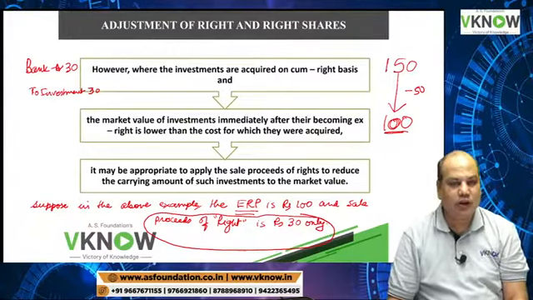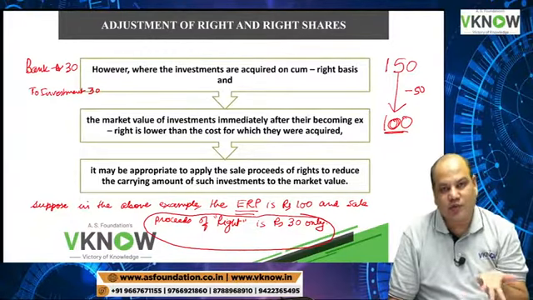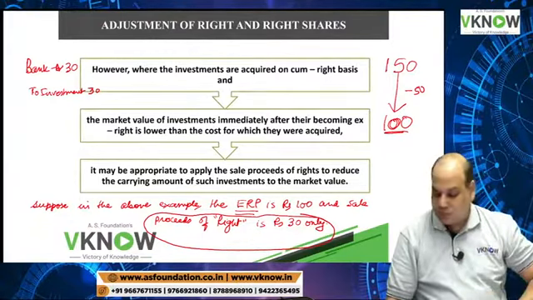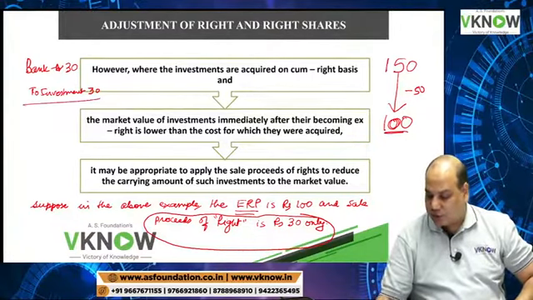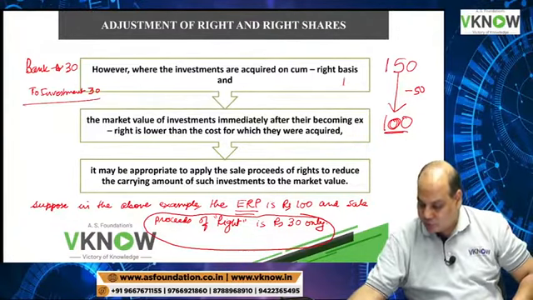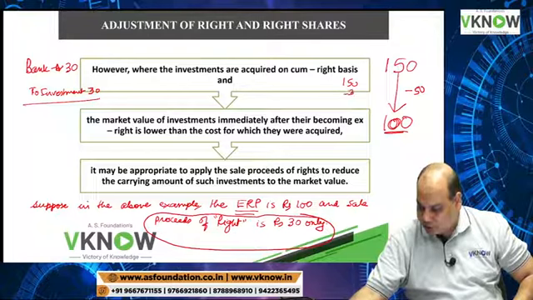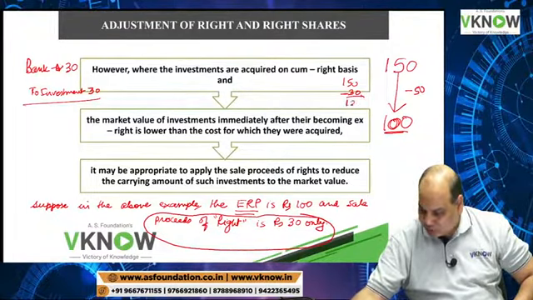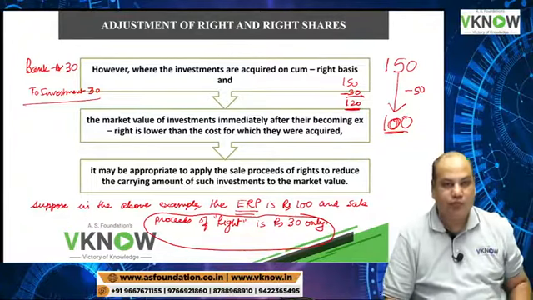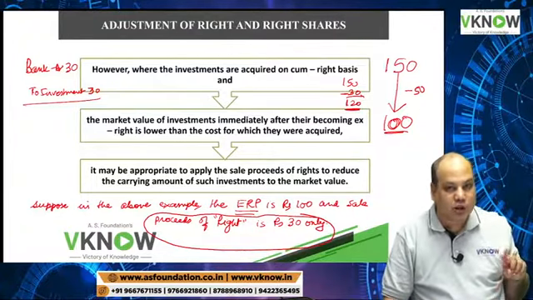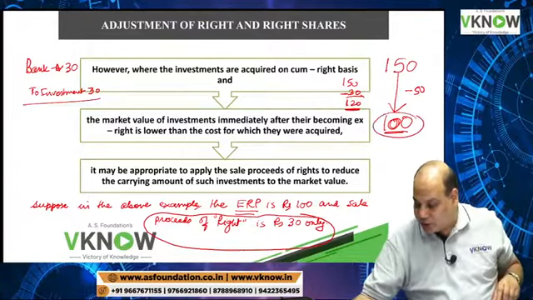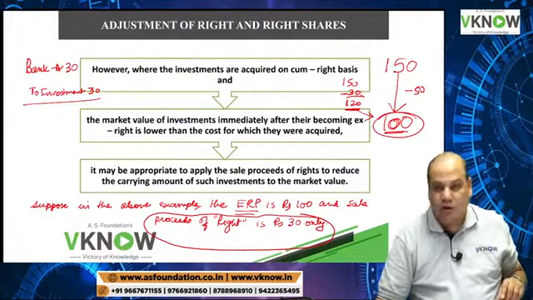So I will credit investment 30 only because I have received 30 only. So after passing this entry, your investment value will become 150 minus 30, that is 120 in the books of account. Investment will be 120 in the books of account, but its market price is 100 rupees.